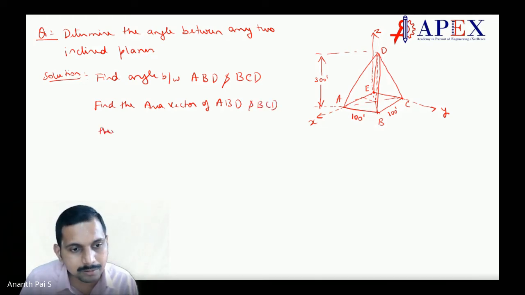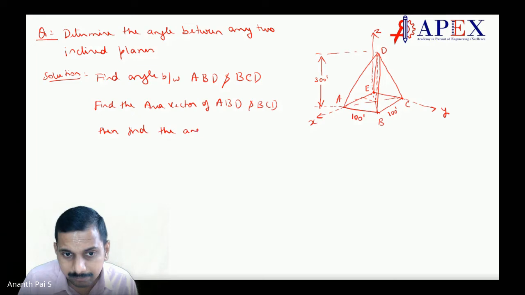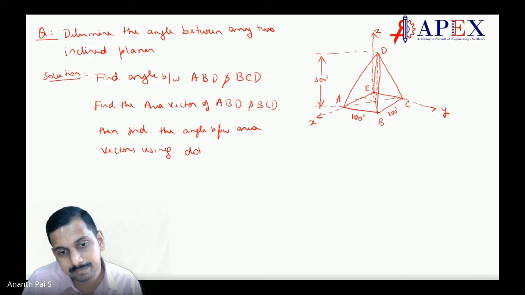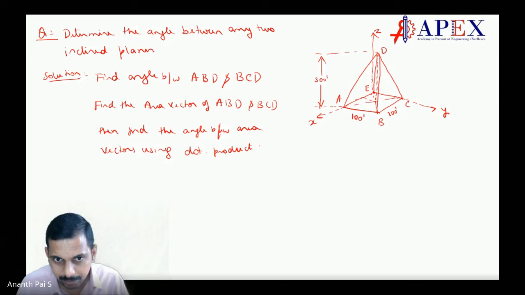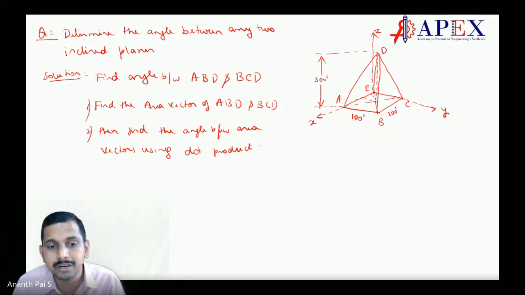Then find the cosine, or the angle, between the area vectors using the dot product. This is the way to go. First, find the area vector. Second, find the angle between the area vectors using the dot product.